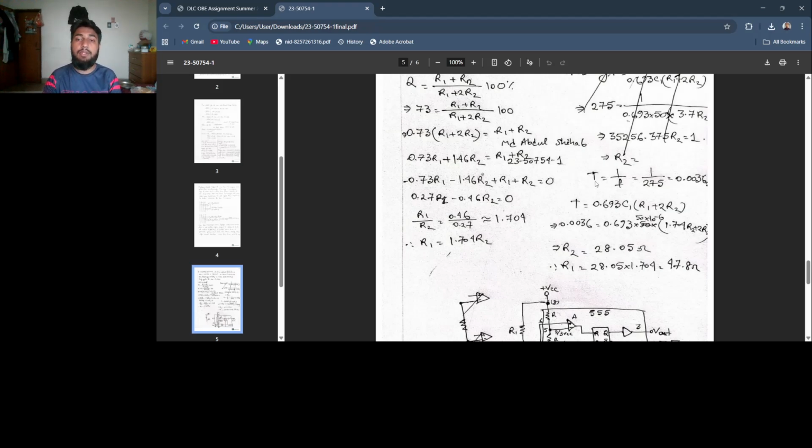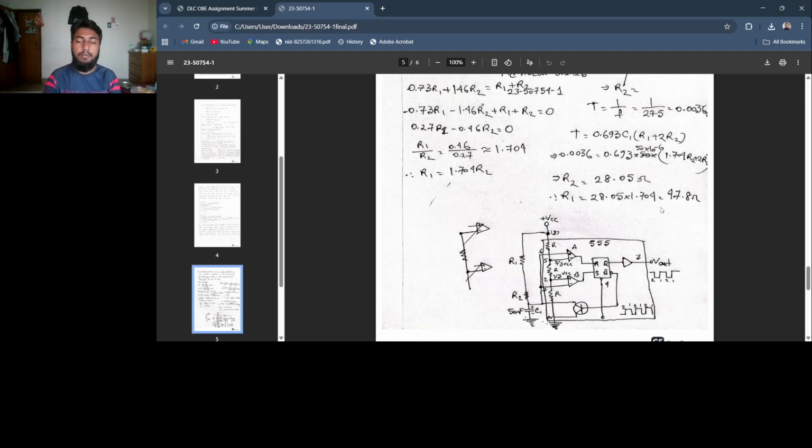Then I write the equation of time period T equal to 0.693 C1 (R1 plus 2R2). Here I find the R2 value, and I take the R2 value to R1, and I find the R1 value. So my R2 value is 28.05 ohm, and R1 is 47.8 ohm.